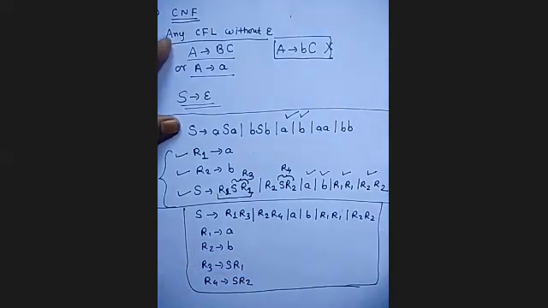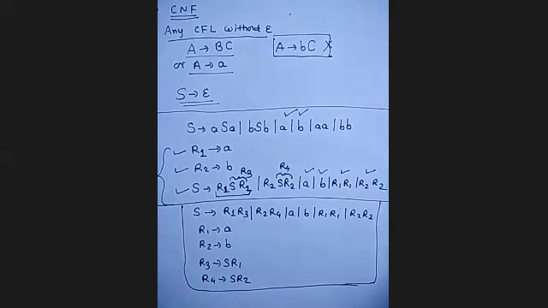Is that clear? Is the example clear? How we converted that to the CNF form? Is it clear now?